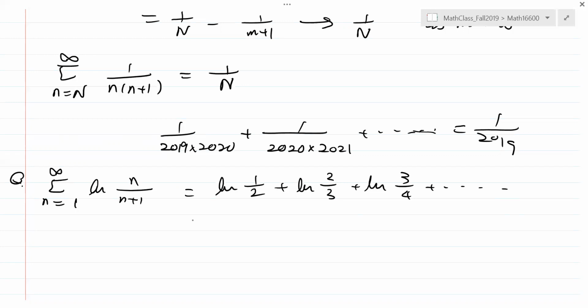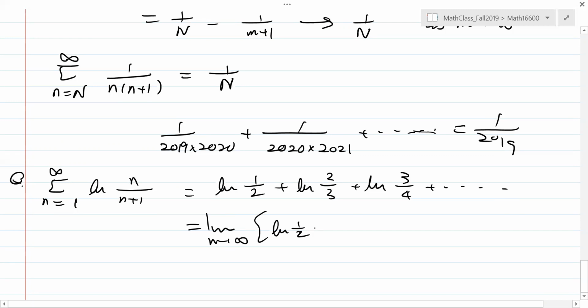This is actually the limit as m approaches infinity of those terms. How many terms here? The last term will be m over m plus 1. Okay, so you let m go to infinity, and what is the limit? Does the limit approach a finite number?